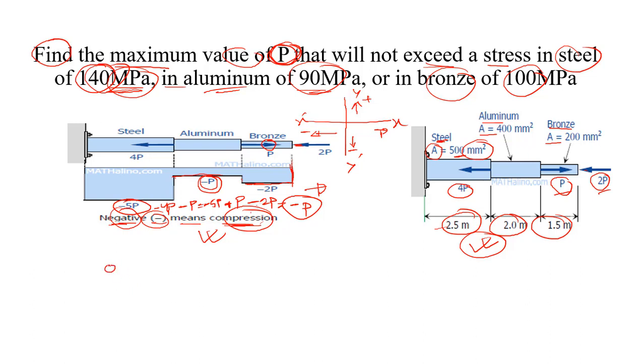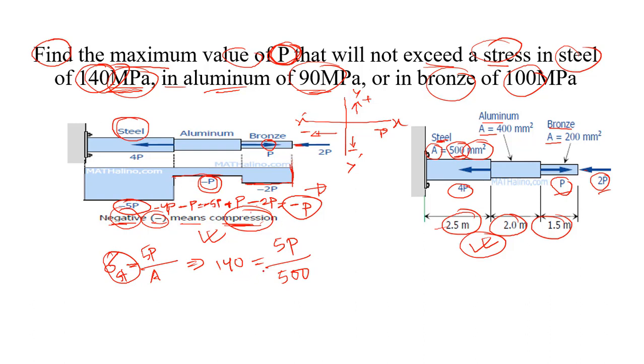We calculate the stress for steel: stress of steel equals P, that means 5P, divided by A. Here the allowable stress of steel is 140 megapascal, and the area is 500 millimeter square.